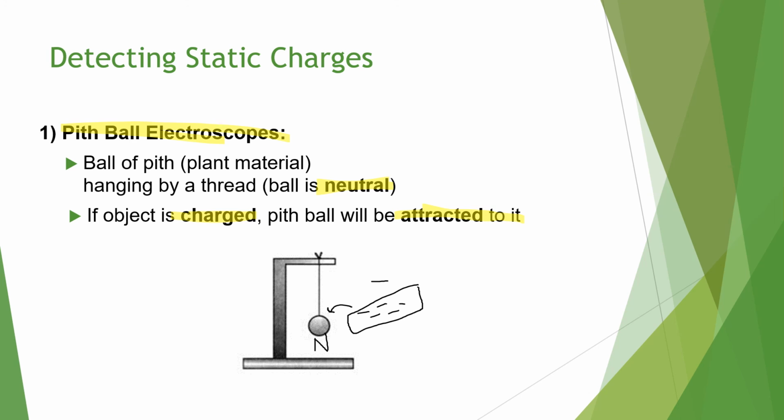So there would be an attractive force between the two, and the ball hanging by the thread would move towards the metal rod. If nothing happened, if there was no attractive force between the two, then that would tell you that the metal rod was neutral, because nothing happens between two neutral objects.